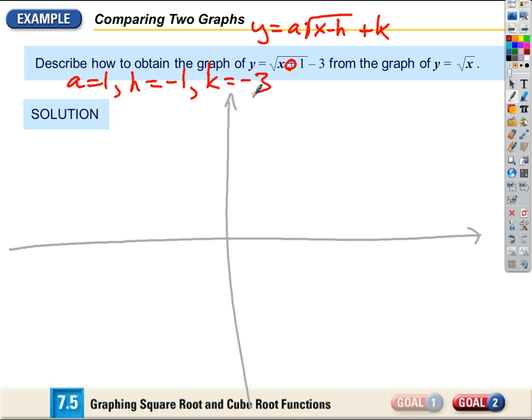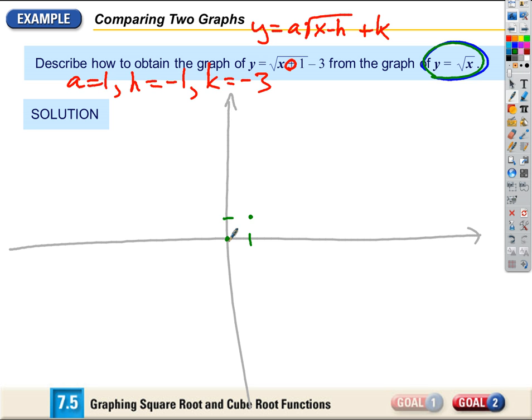Okay, so if we start it, we can do this, that's fine. We could start with the parent graph if we want to. Let's just make that green. We can start with the parent graph, y equals 1 times the square root of x, and that's just going to be a graph that goes through the point 0, 0, right? And the point 1, 1. Agreed?